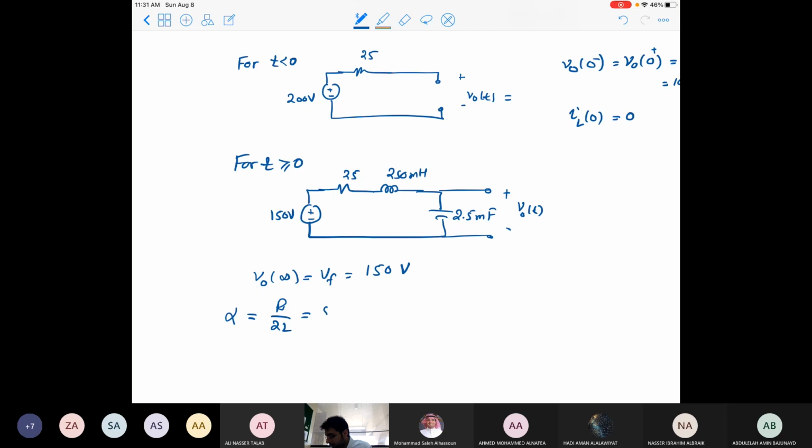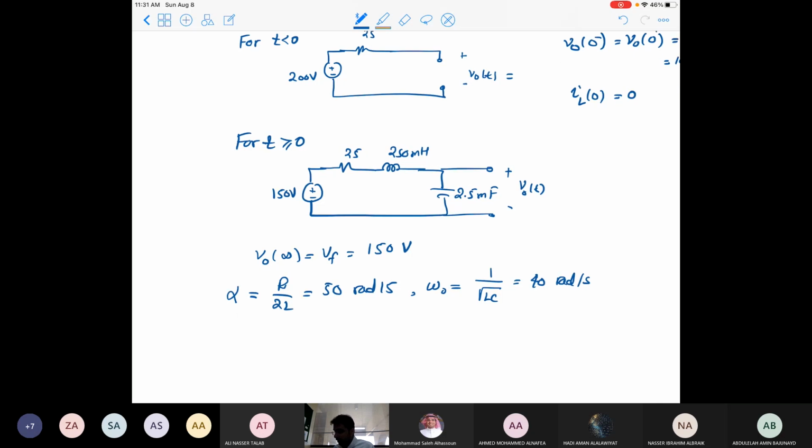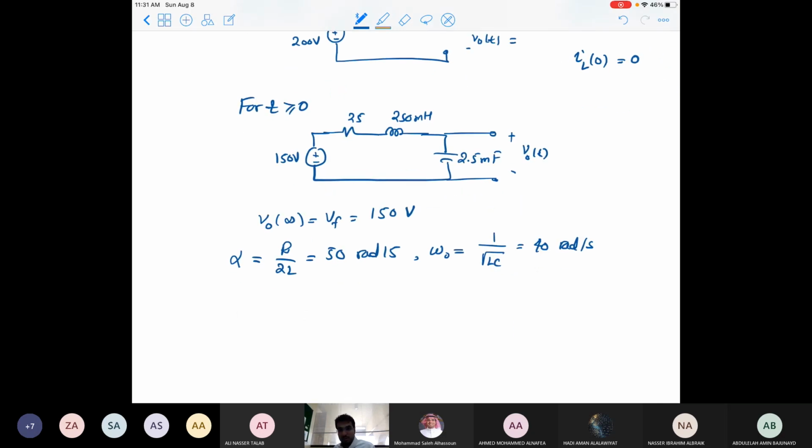Alpha is going to be 50 radians per second. Omega naught is 1 over square root of LC, and this is going to be 40 radians per second. So alpha is greater than omega naught.